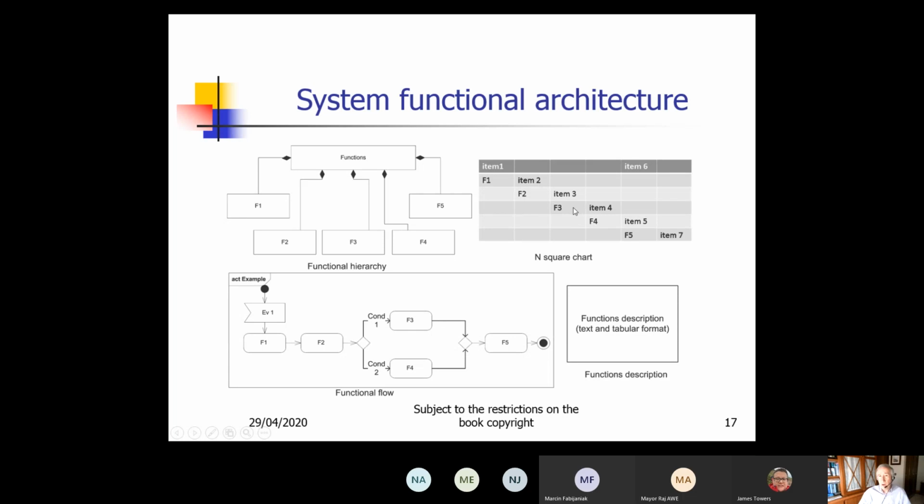And this is useful also for another purpose, that is grouping functions that are coupled. We can use algorithms for clustering here. For example, there are tools.